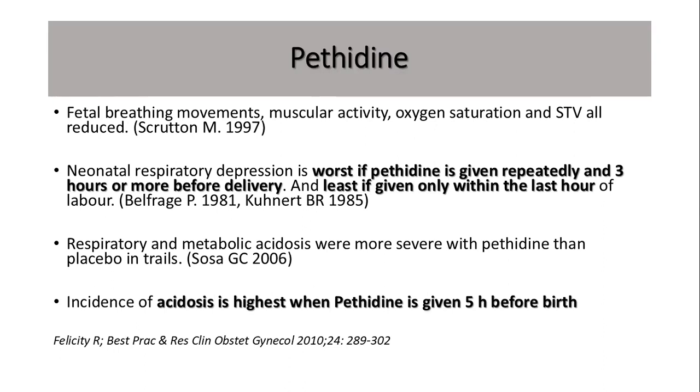So pethidine, we know, inhibits fetal movement, muscle activity, oxygen saturation, and variability. They are all reduced by pethidine. So this we will see in the physiology and we'll see on the CTG trace.